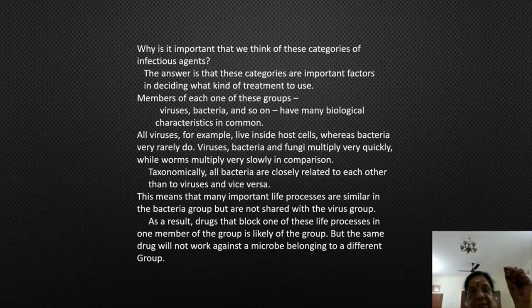This means that many important life processes are similar in the bacterial group but are not shared with the virus group. And as a result, drugs that block one of these life processes in one member of the group are likely to work on the rest of the group.